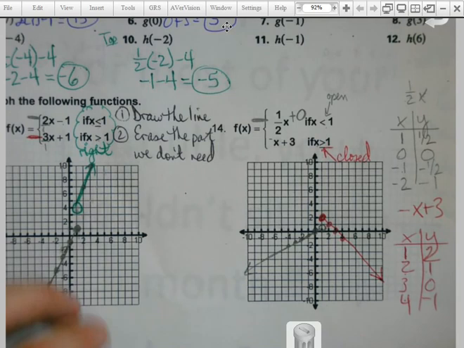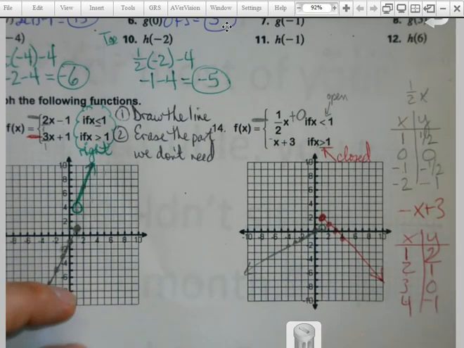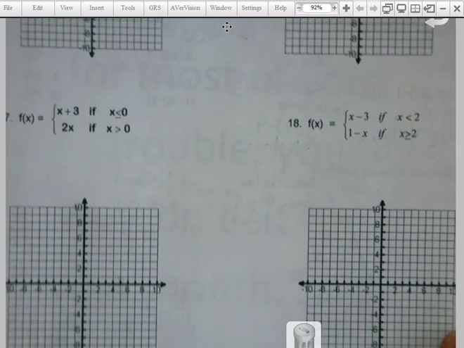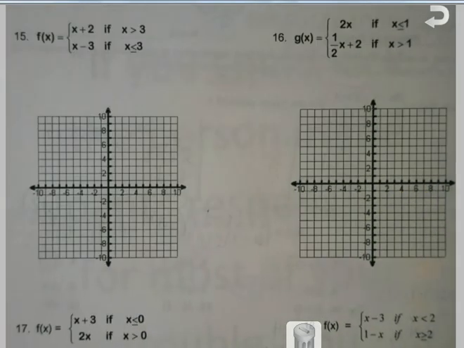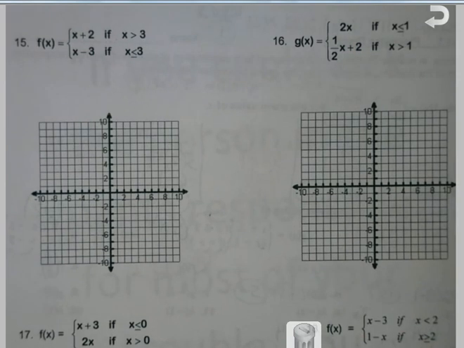Now, we're going to take a look at a couple more anyway, just to make sure things are going all right here. I'll do one more each way. Number 15 I'm going to do just by drawing and erasing, and then 16 we'll do with the charts again. And by then, you'll probably have a pretty good idea which way is going to work best for you.